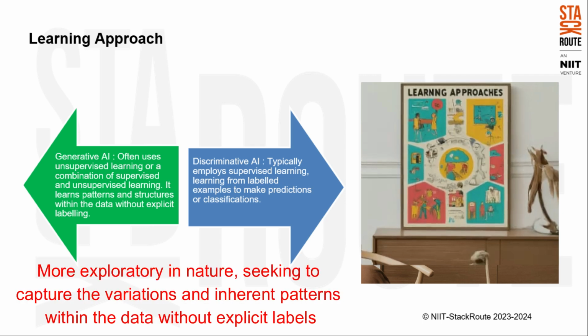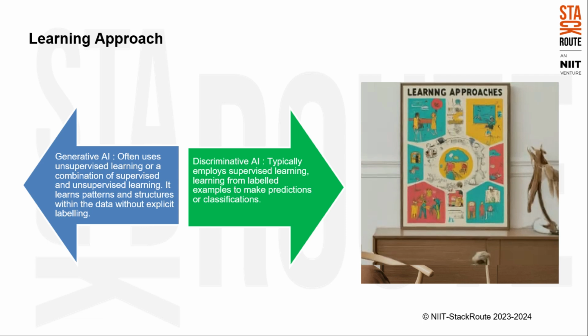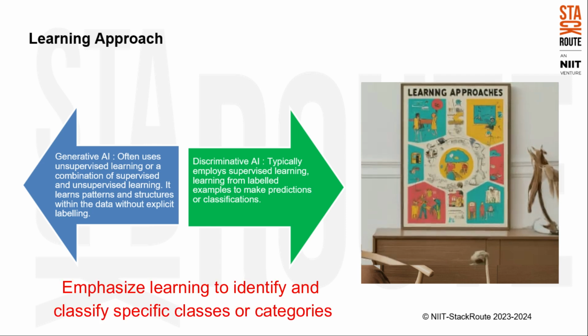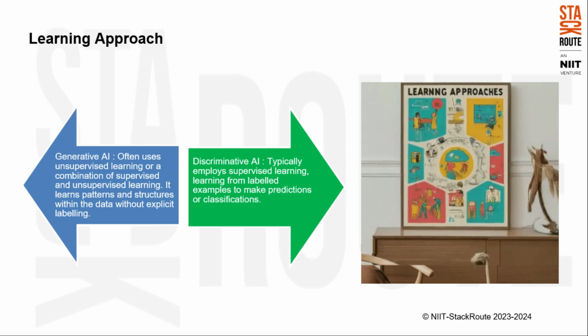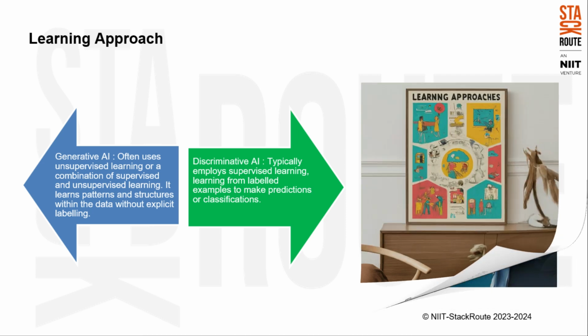They are often more exploratory in nature, seeking to capture the variations and inherent patterns within the data without explicit labels. Discriminative AI models, on the other hand, emphasize learning to identify and classify specific classes or categories based on labeled examples. And now, let us move to the next distinguishing factor, use cases.